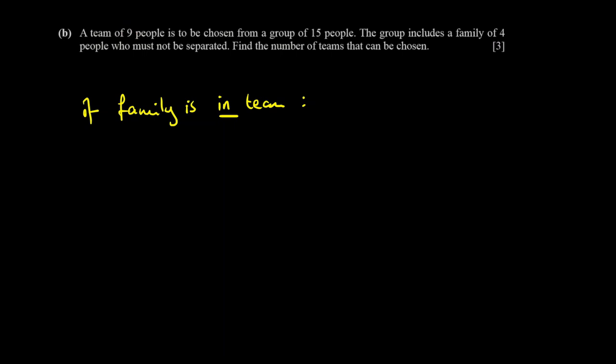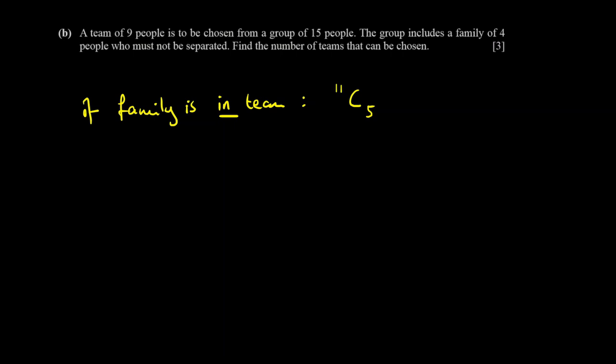So what we've got to do is choose the remaining 5. Now, where are we going to choose the remaining 5 from? We're going to choose them from this group here. But remember, instead of 15 people, we've already chosen 4 people. So we've got 11 remaining. So what we're doing in this case is choosing 5 people from 11. And choosing 5 people from 11 people is 11C5.